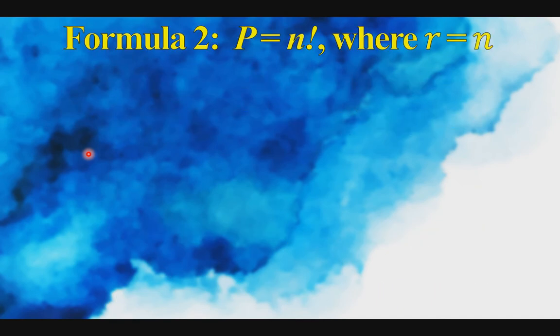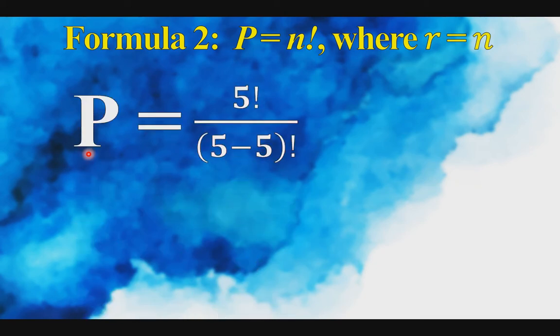Next, formula 2. Using the formula 2, we have permutation of n objects taken n at a time. So, ang permutation natin will be 5 over 5 factorial, isa-solve lang natin siya using the first formula. Pero, kung papansin natin, same lang ang magiging sagot dyan.